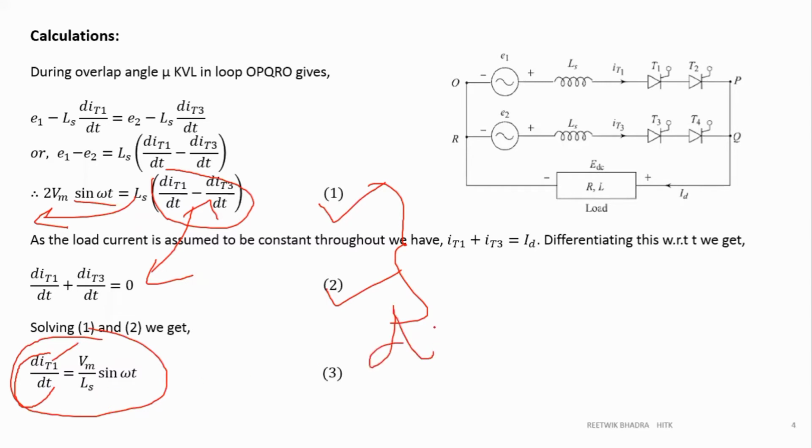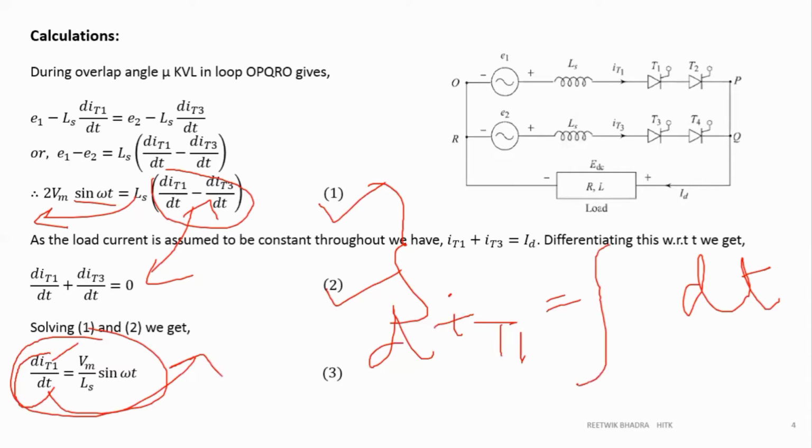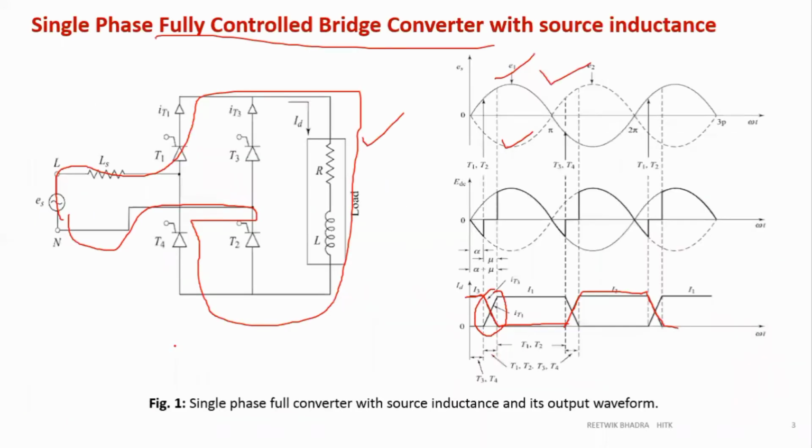Can I write it like this, diT1 equals something, bringing dt to the other side? If I am putting the limits of integration, which limit should I put for t? I should put the limit of t, maybe 0 to something, whatever it is. Not omega t. Please be careful of that.